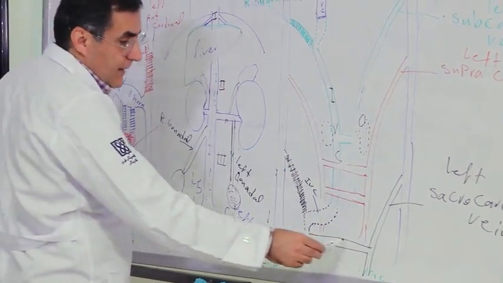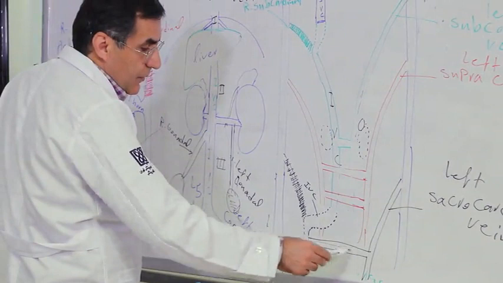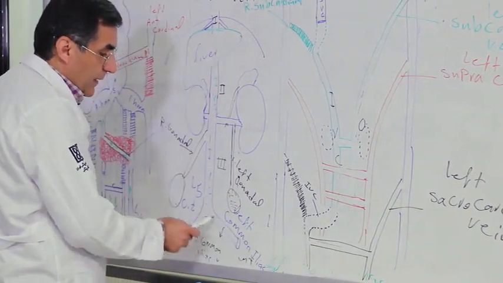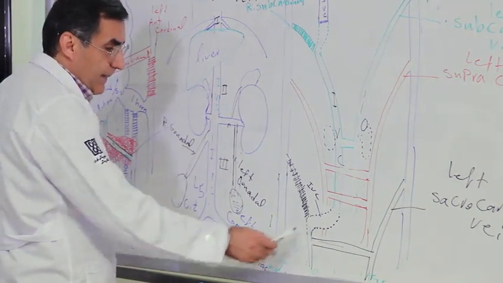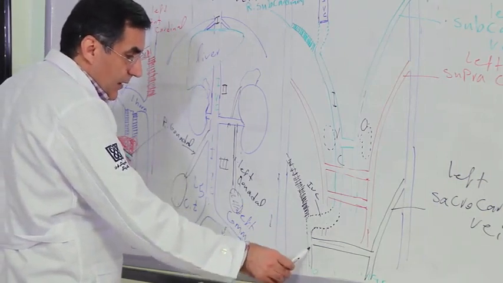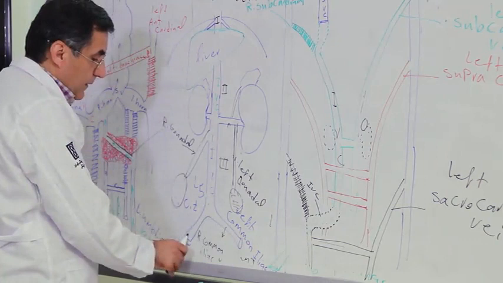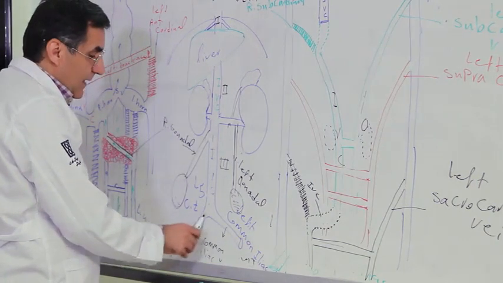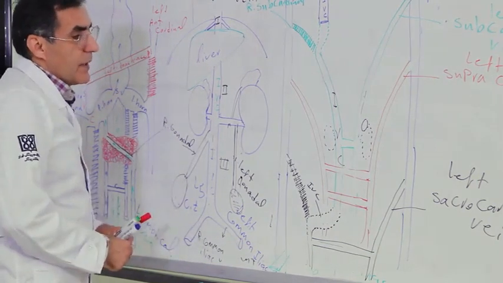Okay? This communicating vein between the 2 sacrocardinal veins makes the left common iliac, and the right sacrocardinal vein makes the right common iliac vein.